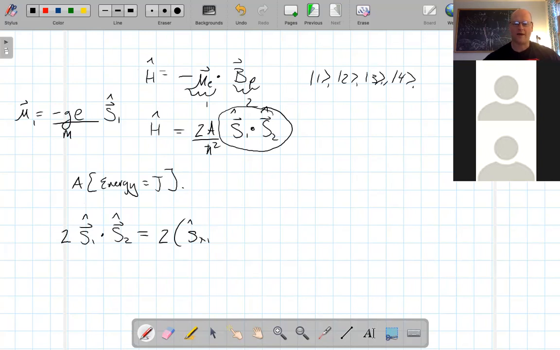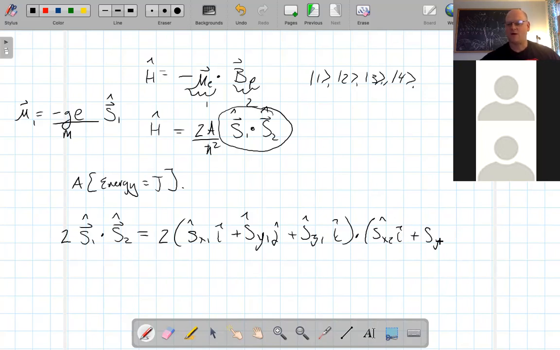So (SX1 i-hat plus SY1 j-hat plus SZ1 k-hat) dotted with (SX2 i-hat plus SY2 j-hat plus SZ2 k-hat).